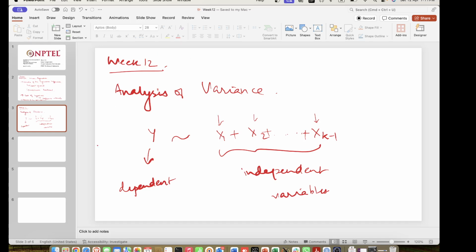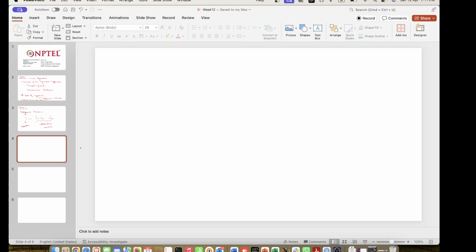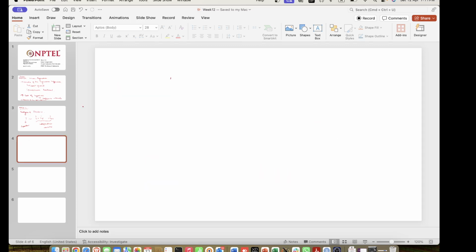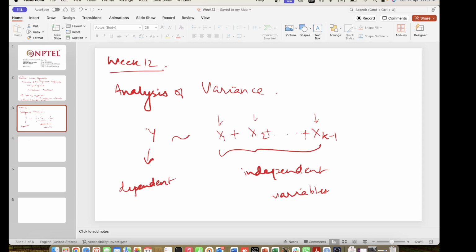What I am essentially doing is trying to capture the total variation present in the y variable by the total variation that can be captured with the help of these k minus 1 independent variables.